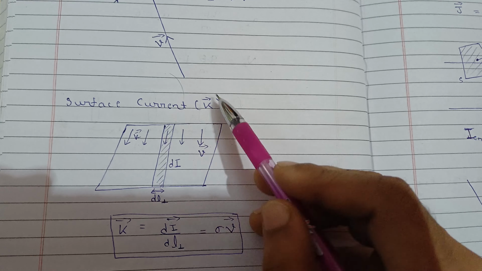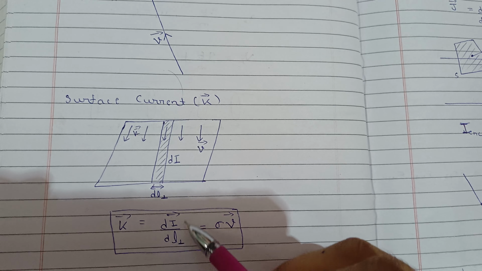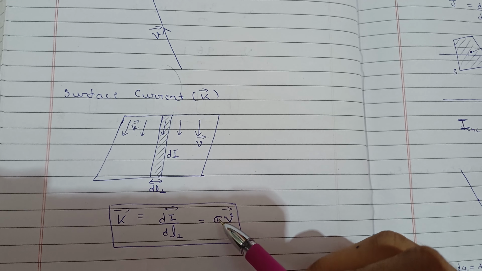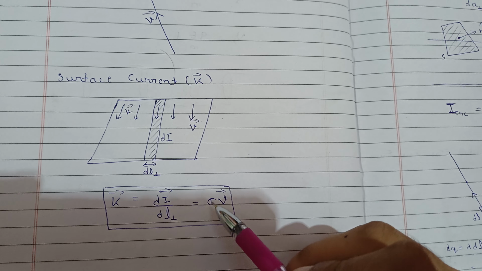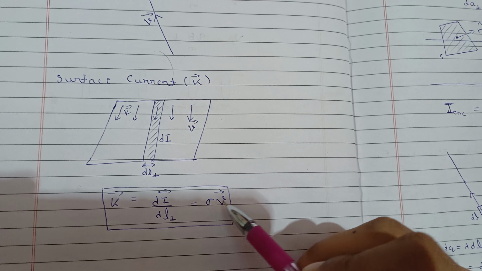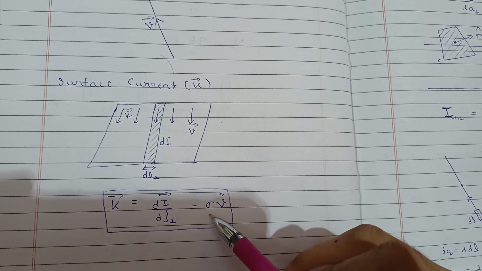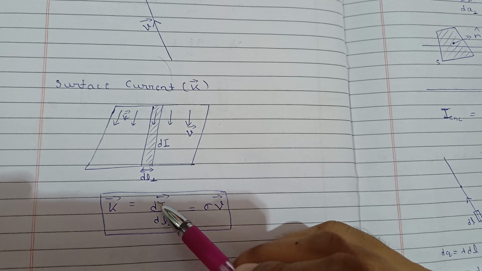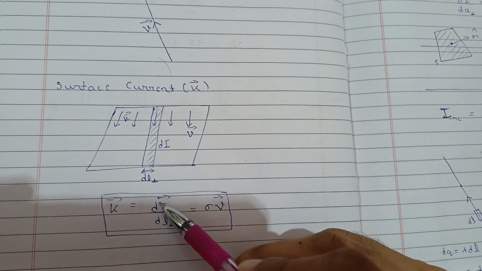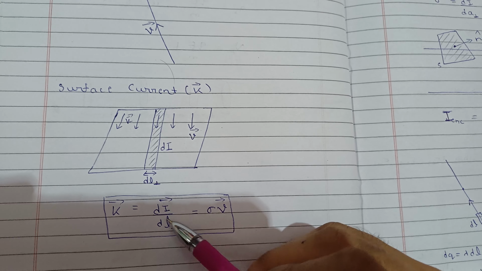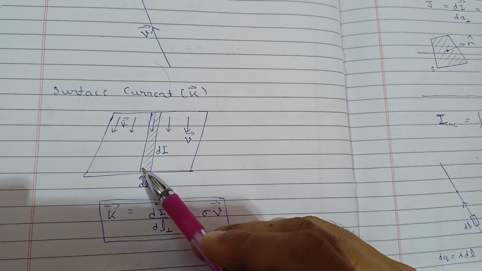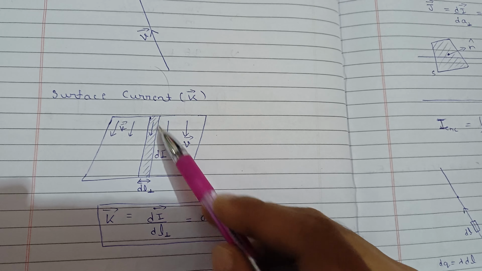The surface current can be written as sigma v, where sigma is the charge density per unit area. So it is charge per unit area multiplied by length, and one length will cancel out, giving you current per unit length. So the units will be the same like this.